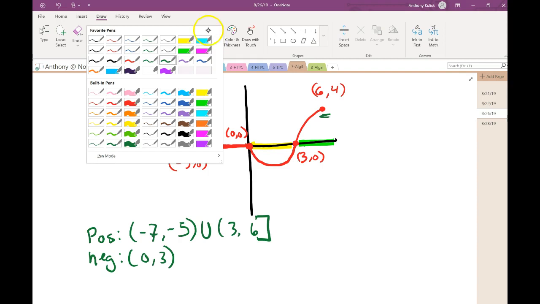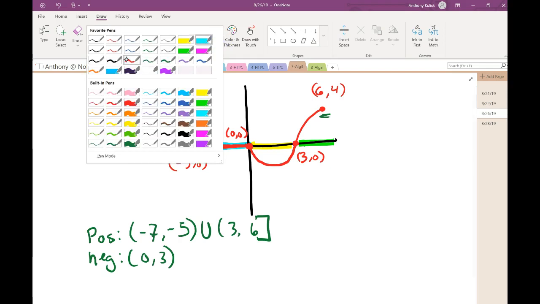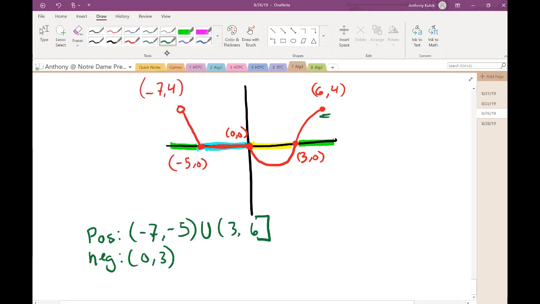So there's 2 0 sections. There's this section that has infinitely many zeros. That section I should write using an interval. So that interval goes from -5 to 0, and -5, 0, and 0, 0 are both on the x-axis, so both of those should be included. And then I have this one extra guy over here.